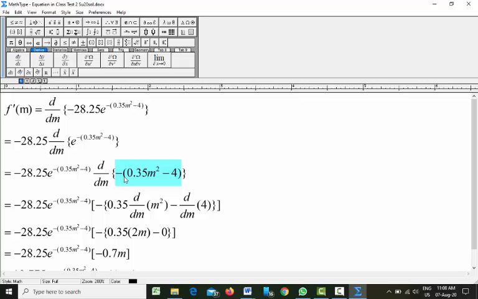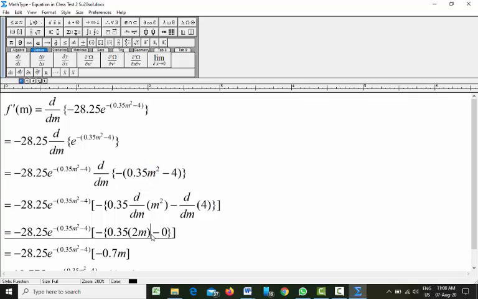Right. So if you do differentiation of this one, minus is outside. Let it stay outside. Inside the bracket we have 0.35 m square. 0.35 is the coefficient, and differentiation of m square with respect to m is 2m.